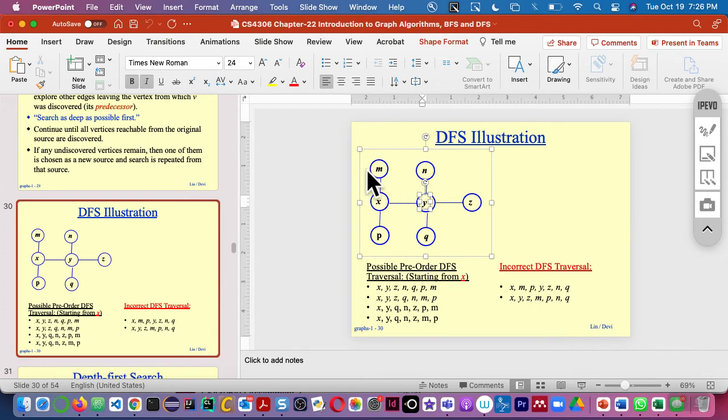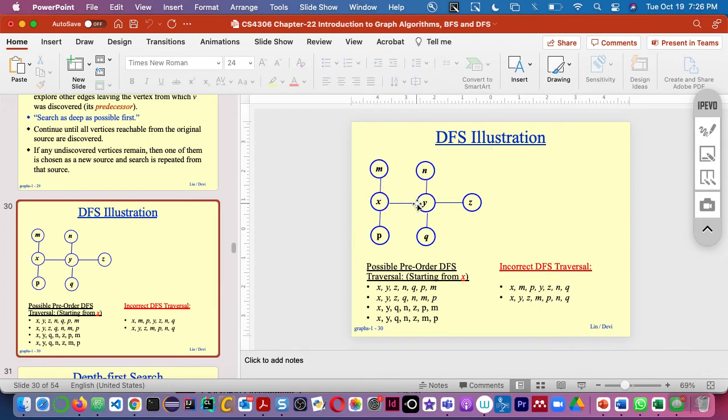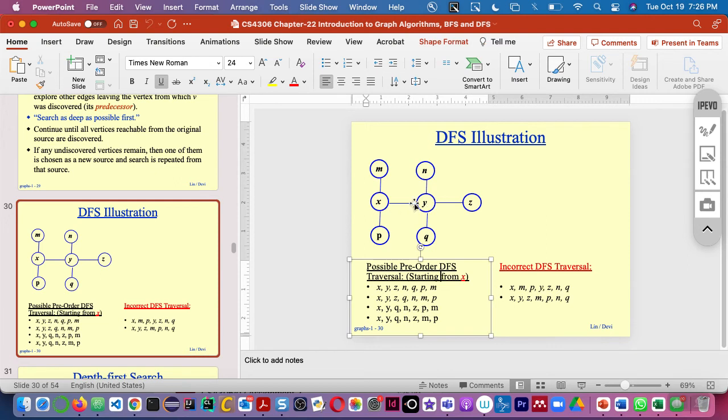So for this graph, since there is no fixed start point, it can be any start point. Based on the starting point, we will have our source point, and we will have a different order. Now, similarly, if you flip this, rotate it 90 degrees, you will get a corresponding tree, and you can draw it.